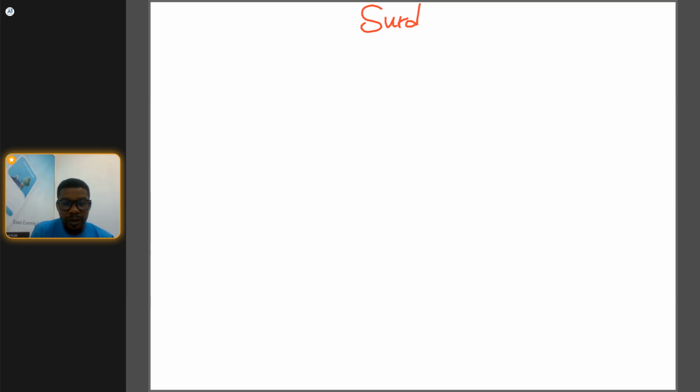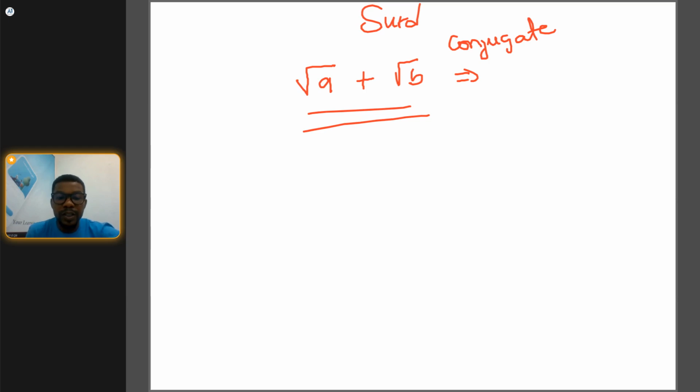Okay. So very quick one. I want to ask this question. Under conjugate, what is the conjugate of root A plus root B? What would be the conjugate of this expression? Response in the chat box. I'm waiting.